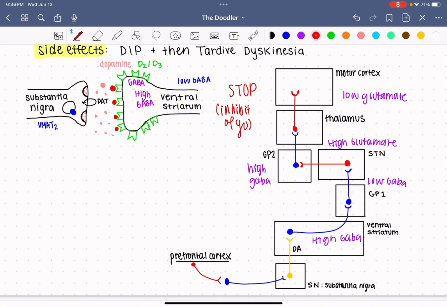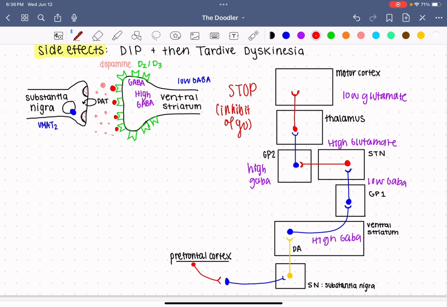And this is why, if you give a D2 antagonist, you could have drug-induced Parkinsonism, also known as DIP, because you're going to have an overactivation of the stop pathway, so this is going to cause tremors. Now, what can happen is if you do this too long, you have a chronic blockade, the cell adapts.